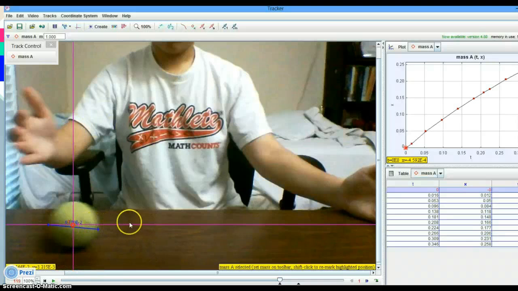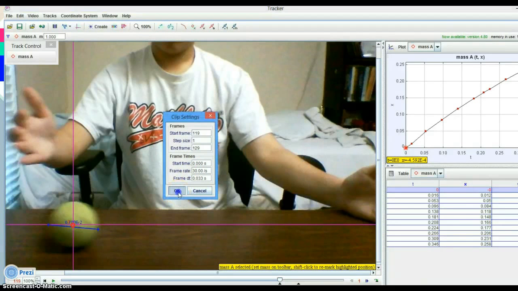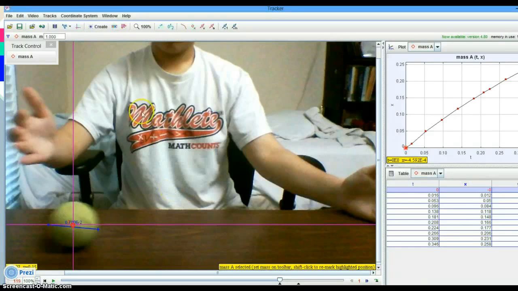The ball will travel along the positive x direction. After that, I also made sure to change my clip setting to a frame rate of 30 per second. Now I am ready to use the track control on the tennis ball.